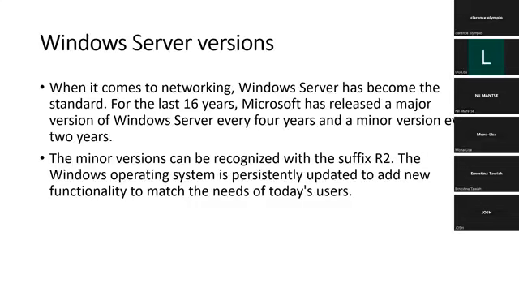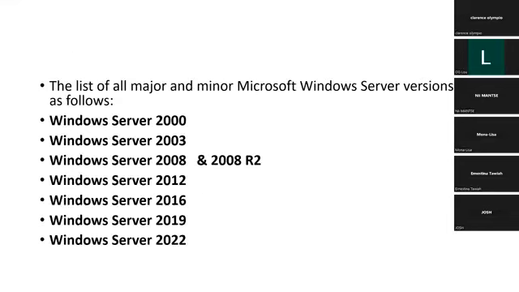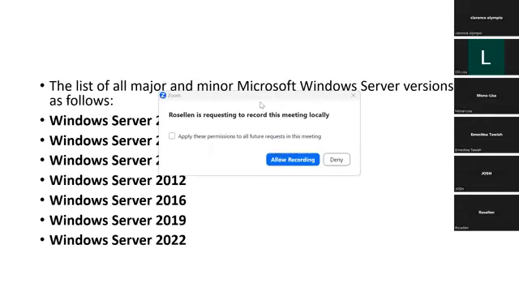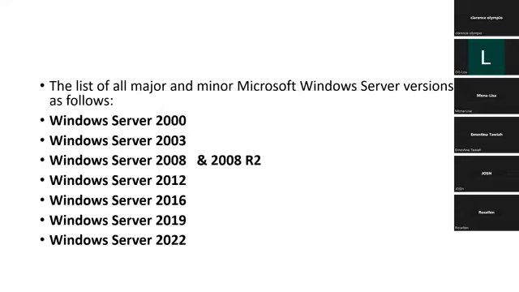The Windows operating system is persistently updated to add new functionality to match the needs of today's users. So this is the history of Windows Server. It's come from 2000 to 2003, 2008, 2008 R2, 2012, 2016, 2019, 2022.